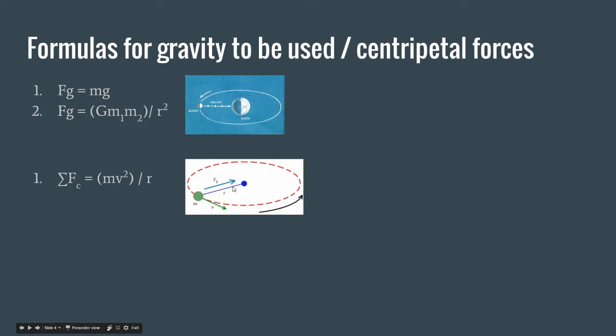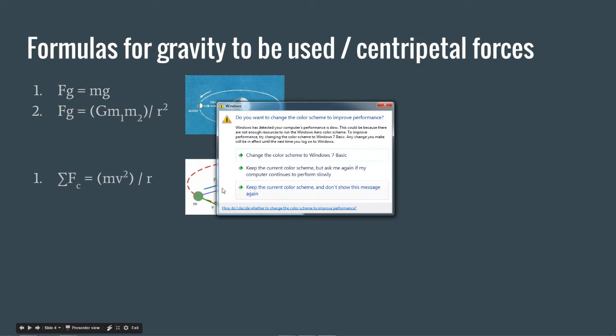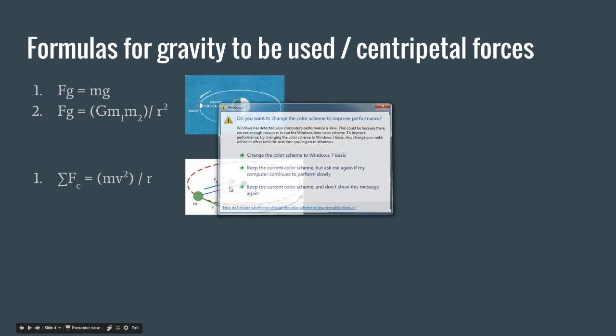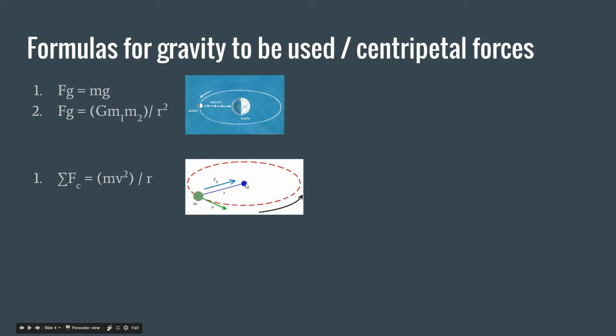The radius that we're talking about here, and the radius of Kepler's third law, is the average distance between the body orbiting and the body being orbited. And the force of gravity is also the same as the centripetal force, and centripetal force just means along the radius towards the center of the orbit.